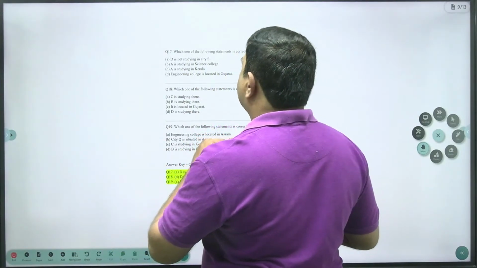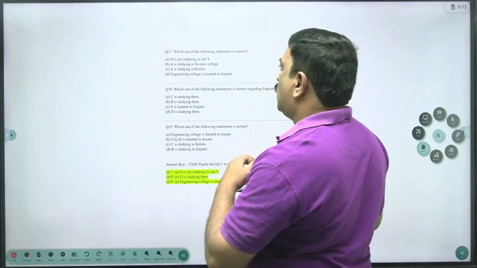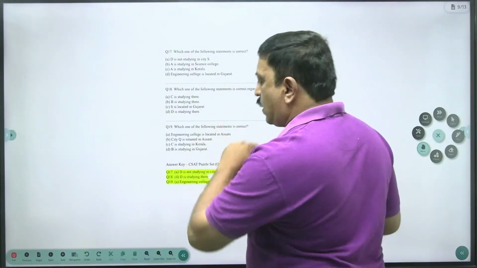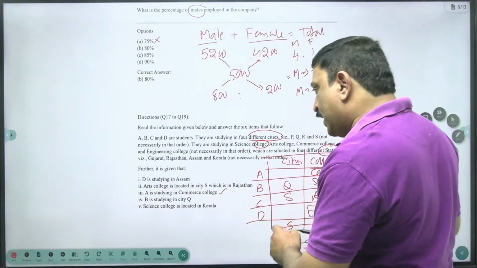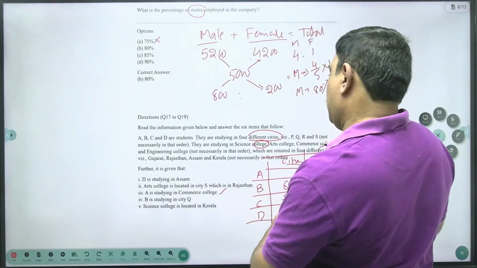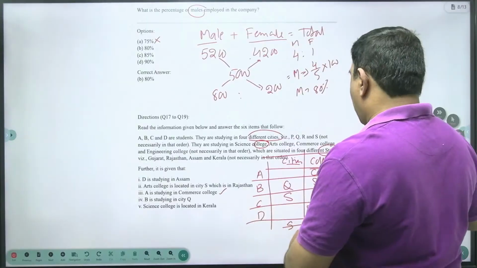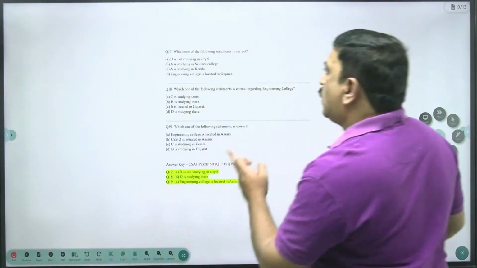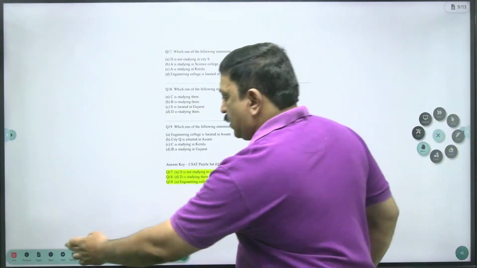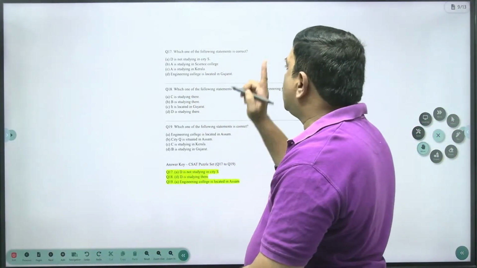D is not studying in city S. Which of the following statements is correct? Means the 17th question, you see that one. Our information is this one, no doubt. But D is not studying in city S. Is it true? Yes, this is correct.